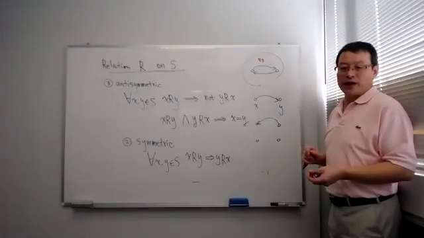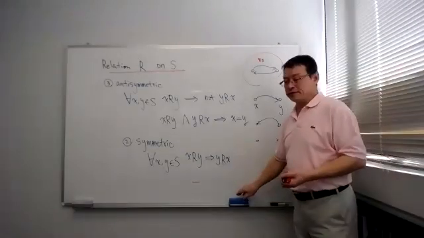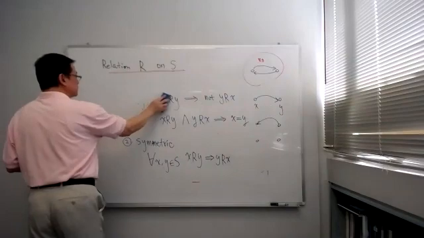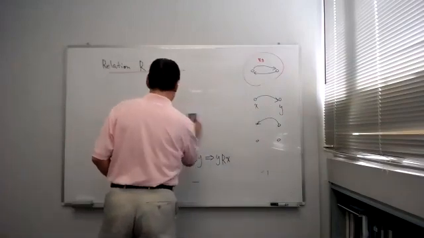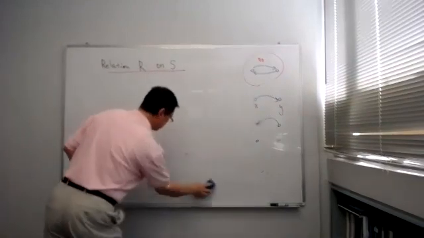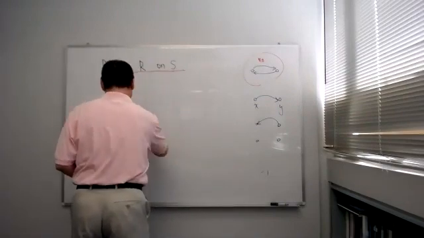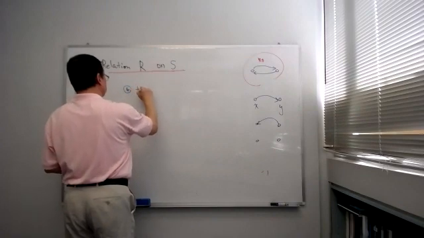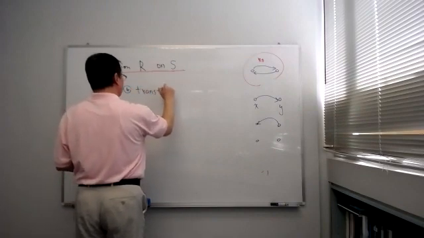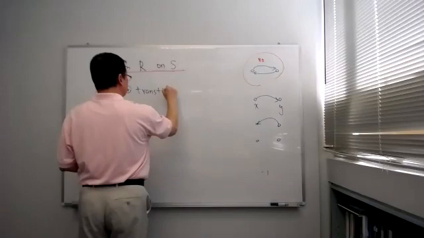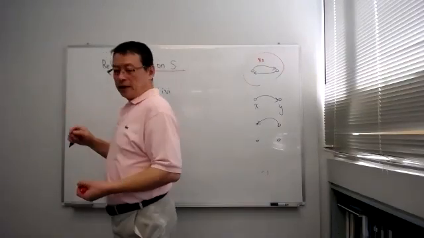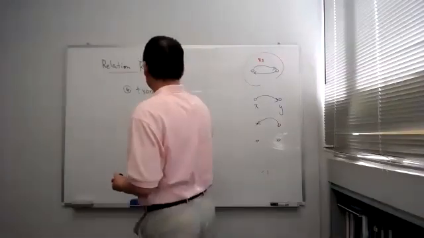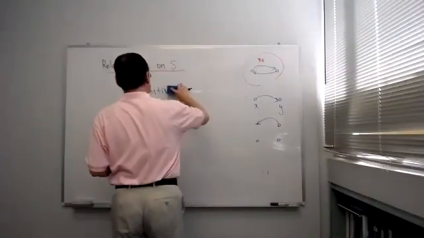And the next one is very important. It's called transitivity. I use adjectives, and I should say transitive, not transitivity.